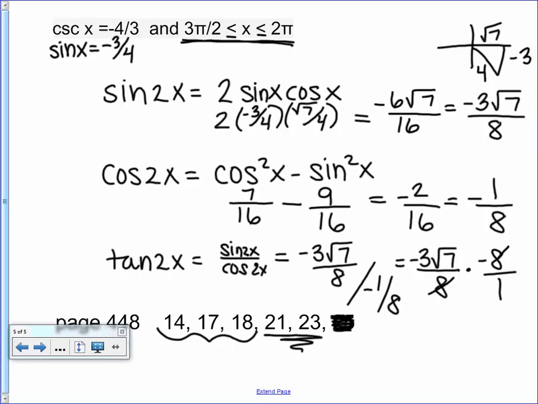Cancel out the 8s. 2 negatives equal a positive. Final answer, 3 square root of 7. I'm going to say it one more time. I took the first answer, I divided it by the second answer. I took the division sign alone, I flipped it, the 8s canceled out, 2 negatives equal a positive. That's why I got 3 square root of 7.